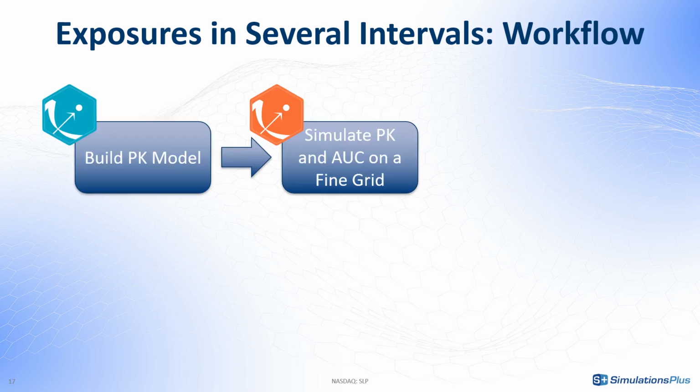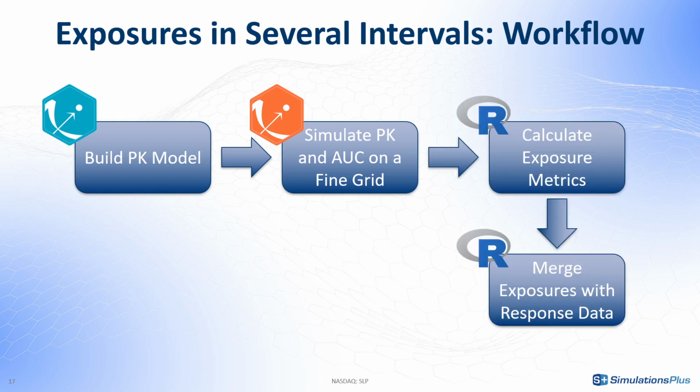In this case, I'm going to use a PK model built in Monolix to simulate in Simulx concentration profiles and AUC on a fine grid that will cover the observation period of interest. Previously, we used Simulx to directly calculate exposure metrics. Now, we will simulate only the PK profile and AUC.